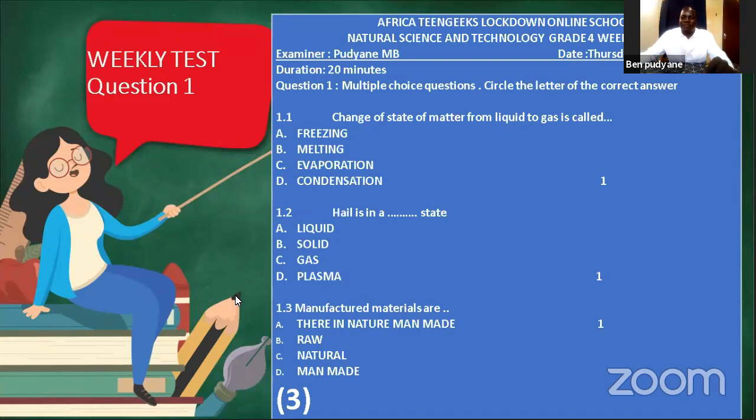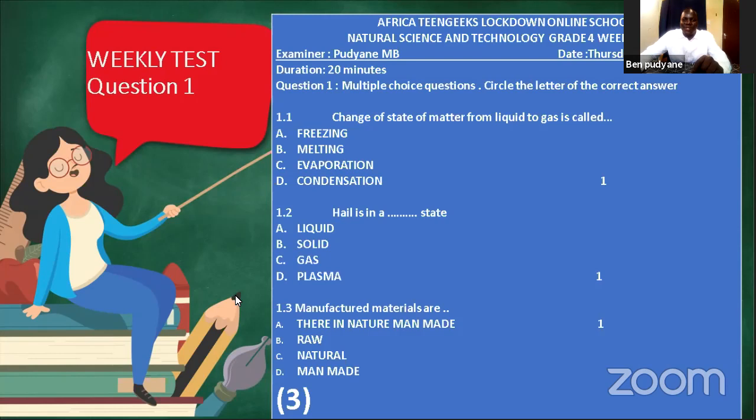Number 1, I want the answers. Changing the state of matter from a liquid to a gas is called what? You choose one from A, B, C, D. Changing the state of matter from liquid to a gas, what do we call it? Okay, number 2.